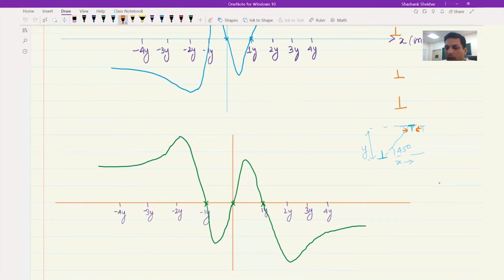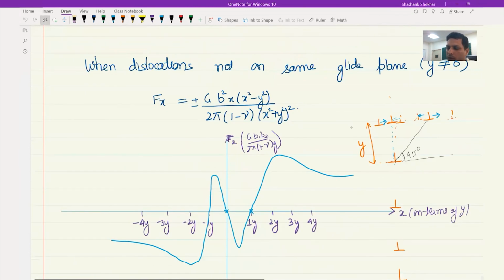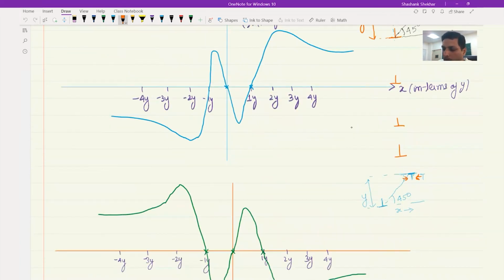In this particular case where we had positive dislocations, the dislocation would try to move away in this direction or in that direction, and the stable equilibrium was over here. But now we have a stable equilibrium over here, and if you look closely, you would see that there is an unstable equilibrium over here.